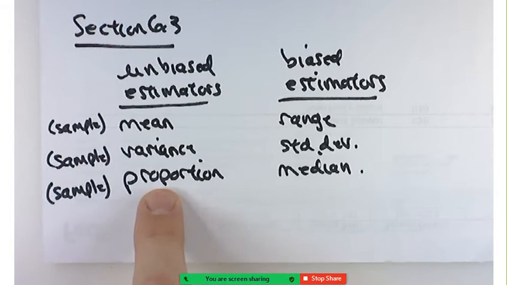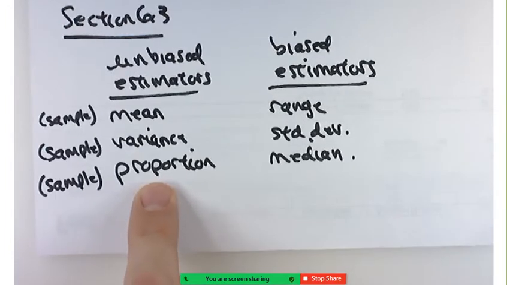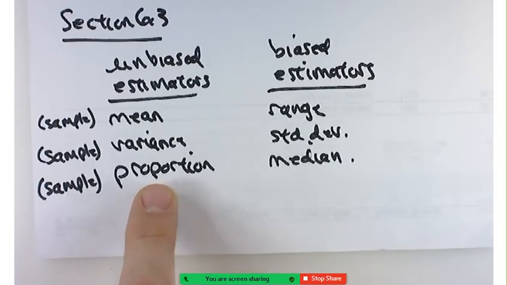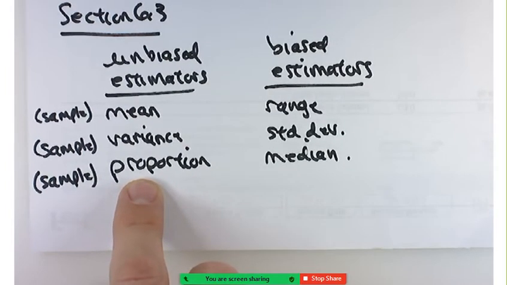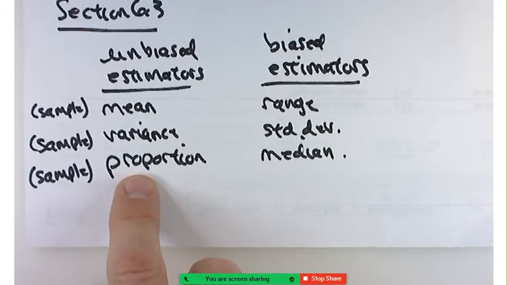So if you were to use the sample proportion in your data, there are hundreds or thousands of different possible sample proportions you can get depending on your data. But if you calculated the proportion for all of those, on average, that number will match the population parameter.